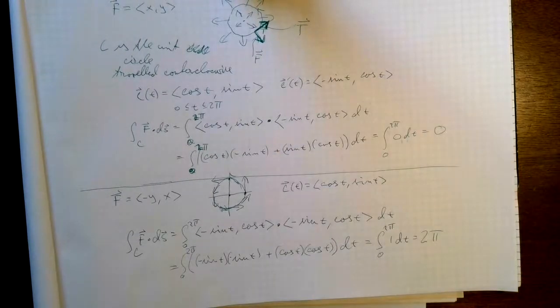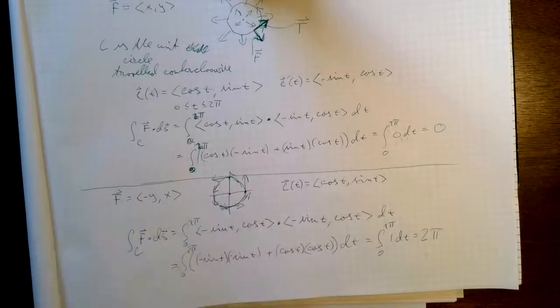But in any case, we're basically getting that this force actually did some work on us. If you're running around the surface of the Earth, this would be a force that goes not down towards or away from the center of the Earth.